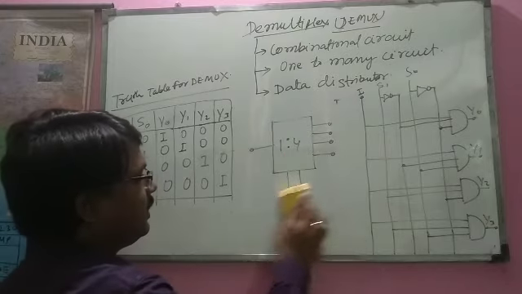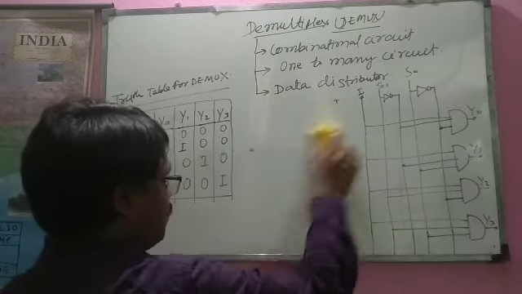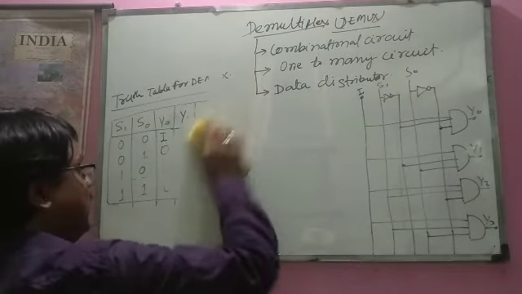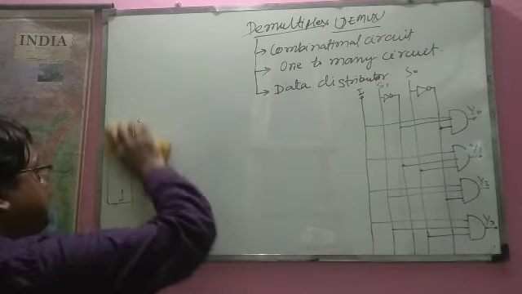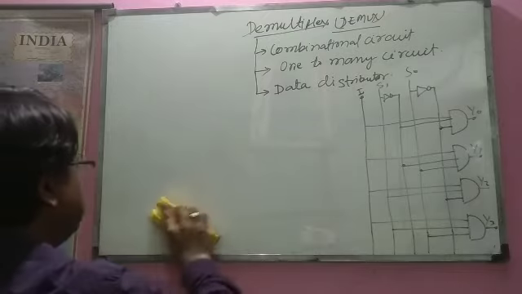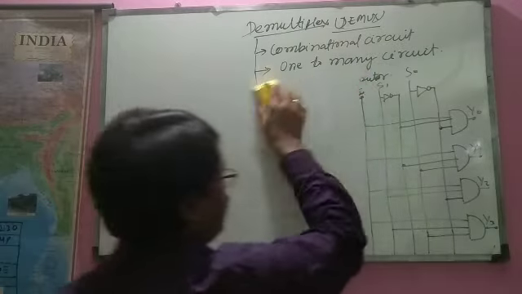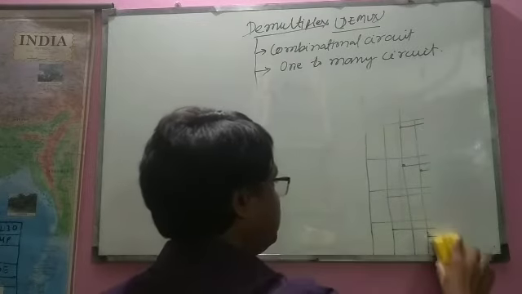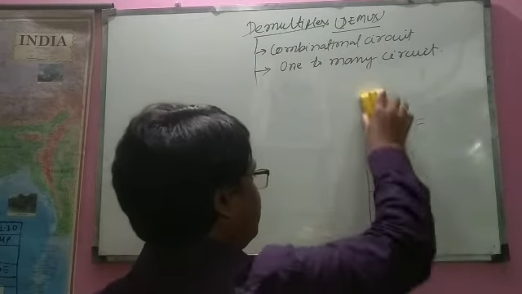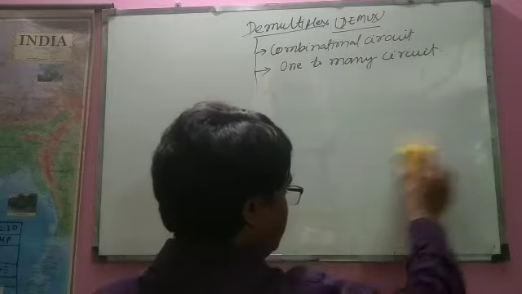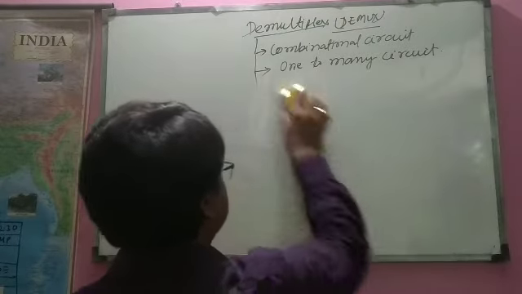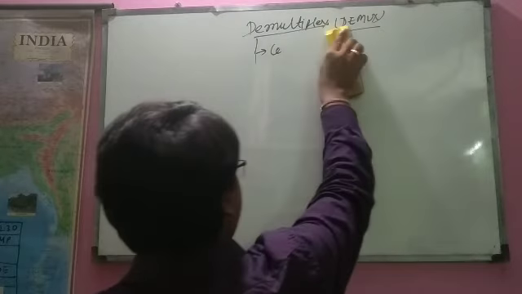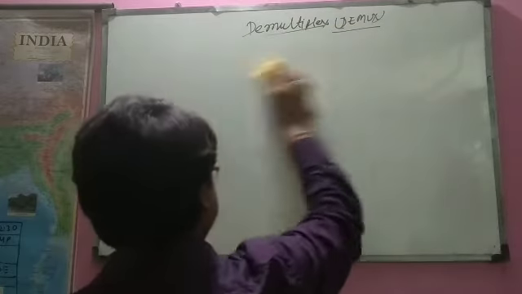Now we will see just one thing: how can we implement higher order demux using lower order demux, and how many demux will be there. So I will just give one example.